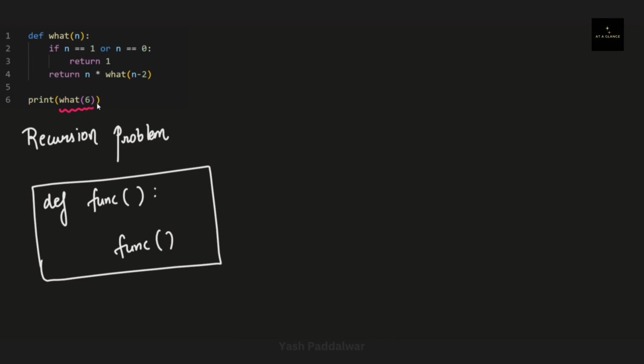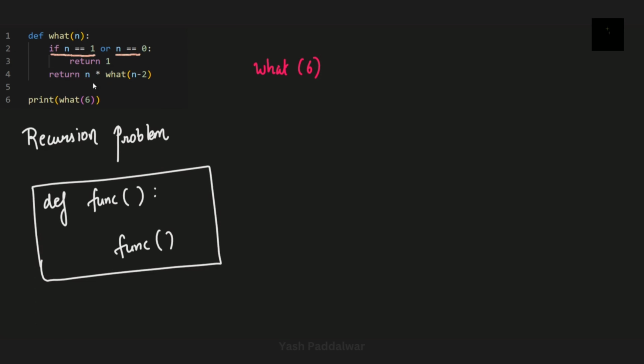Now there are certain advantages of using this recursion concept. So first you can see that inside the line number 1, what function is defined. Next, you can see that in line number 6, we have called the function what with the parameter 6 in it. Now, since what function is called with the parameter 6, n value comes out to be 6.